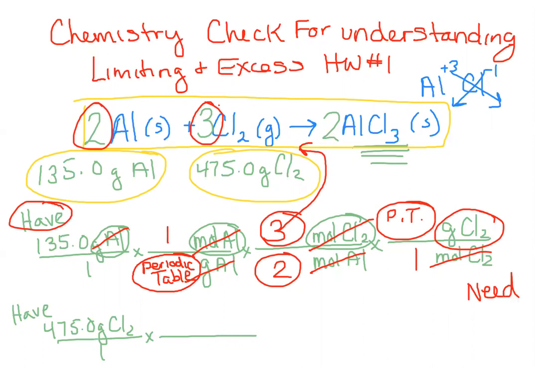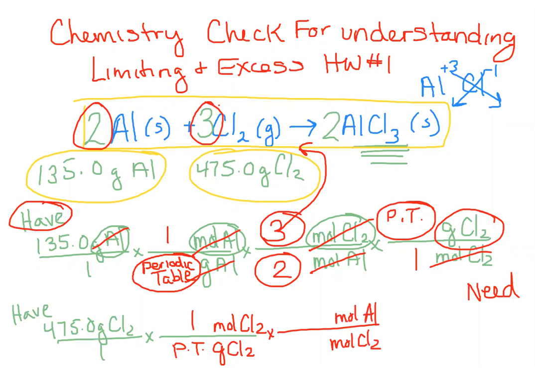You're going to do the same thing down here, except now you're starting with chlorine, and you're starting with 475. And you're going to change it. We're going to put grams of chlorine gas down here to change it to moles. This is from the periodic table. Find that number. Then we put moles of chlorine gas and moles of aluminum. These numbers come from the balanced equation.